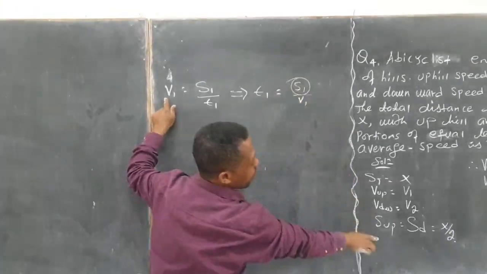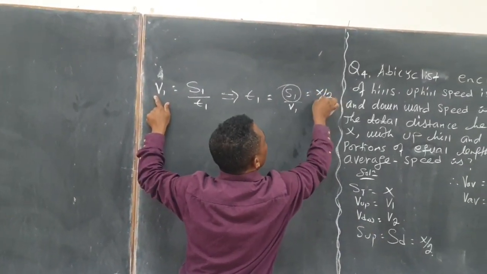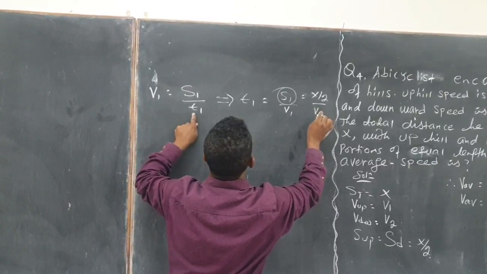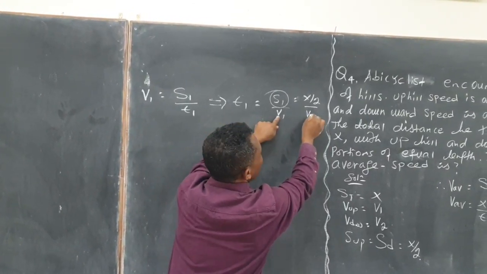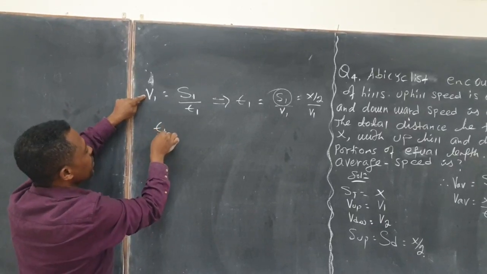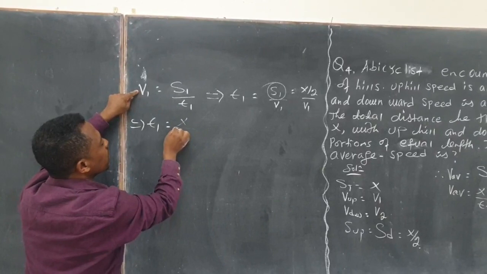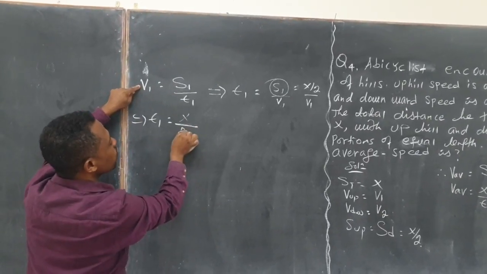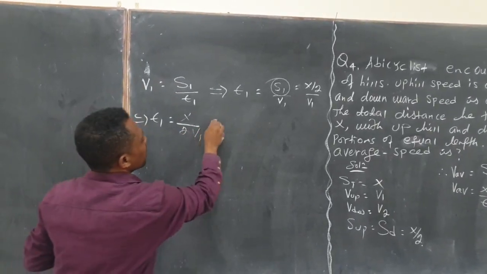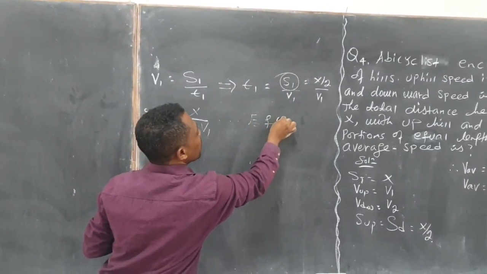As we have said, s1 is simply x over 2, and then over v1. This becomes t1 equals x over twice v1, and this is equation 2.